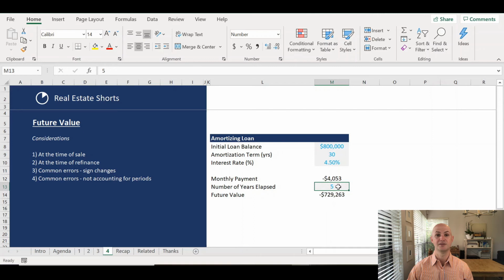This is not how much time is left, it's how much time has gone by. So I'm not looking at 25 years remaining on the loan. I'm looking at 5 years that have elapsed since initially borrowing the loan. That's an important distinction because if you look at it from the other way around, we should use another function.